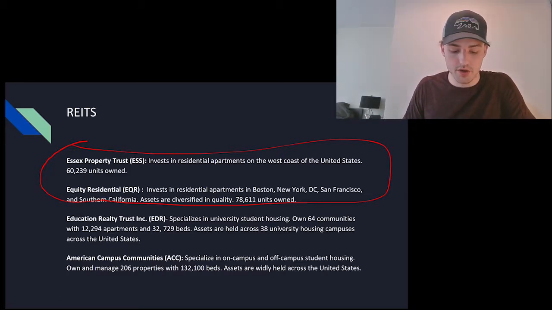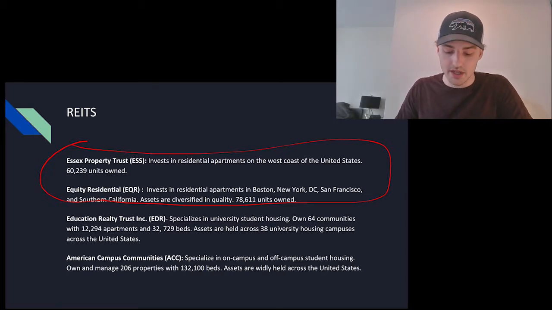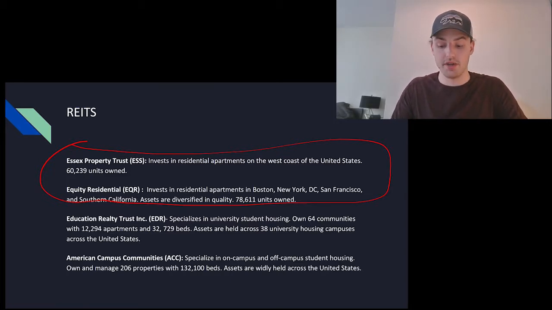The second two is Education Realty Trust, EDR. They specialize in university student housing. They own 64 communities with 12,294 apartments and 32,000 beds. Assets are held on 38 university housing campuses across the United States, so they're highly diversified from a geographical markets perspective.